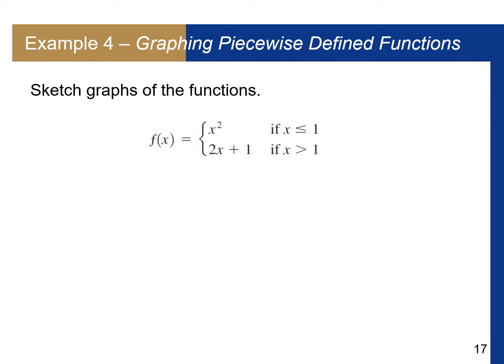So the important part of looking at a piecewise function is to just take each line by itself. So basically, I'm going to do another little drawing over here on the side. I have an area that is smaller than or equal to 1 and an area that's greater than 1.